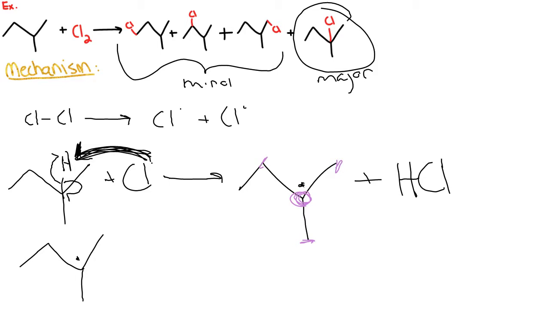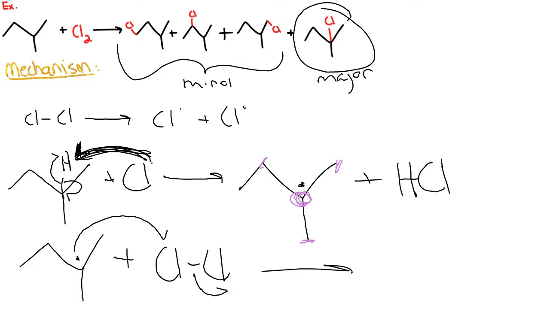So we have our alkyl radical, our tertiary radical, and then we're going to take another molecule of our chlorine, and this radical is going to attack 1 of these chlorines, and then this bond is going to break, and one of the electrons is going to go back to the chlorine to reform that chlorine radical.